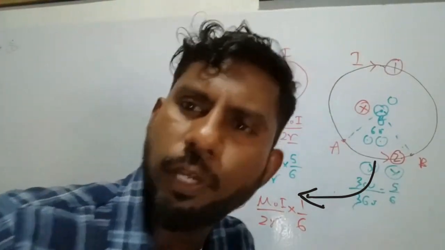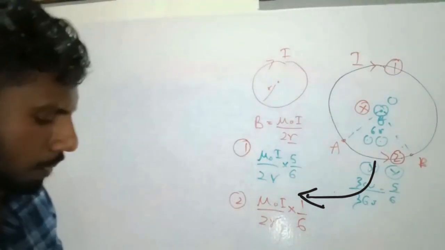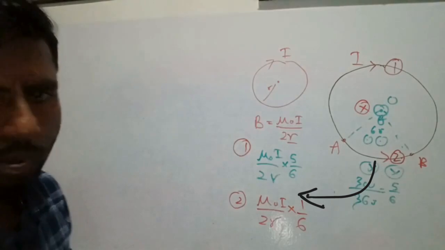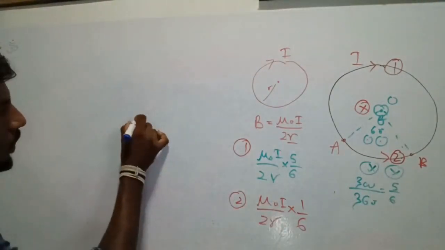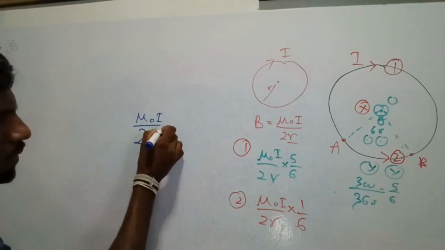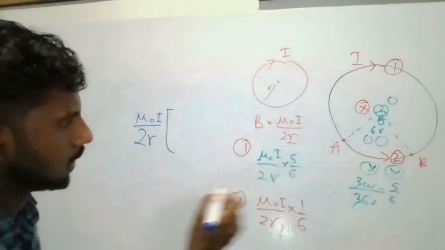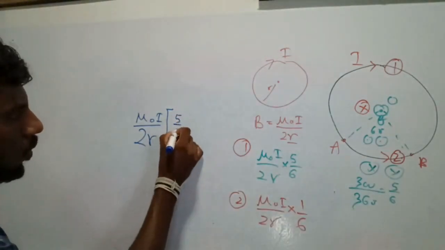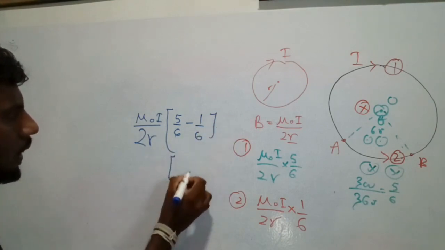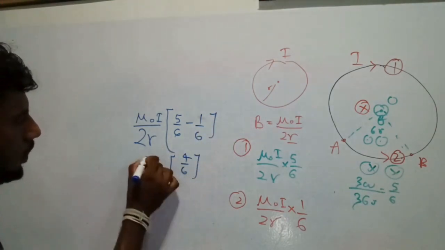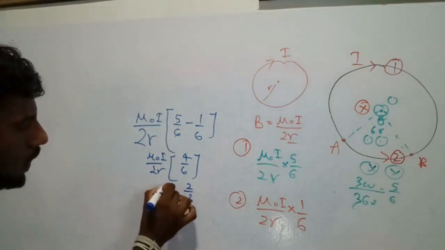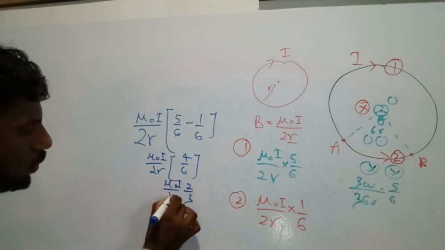So we need to subtract these two. Mu naught I over 2R is common, and the upper part is the higher value. So 5 over 6 minus 1 over 6 is 4 over 6, which is 2 over 3, times mu naught I over 2R.